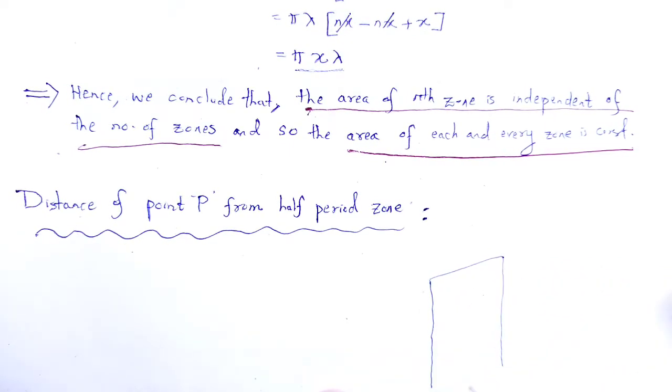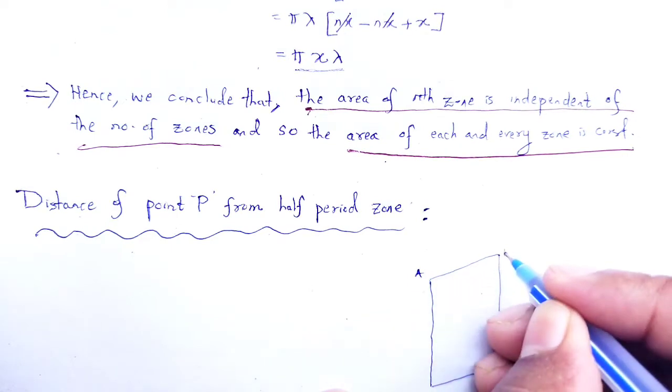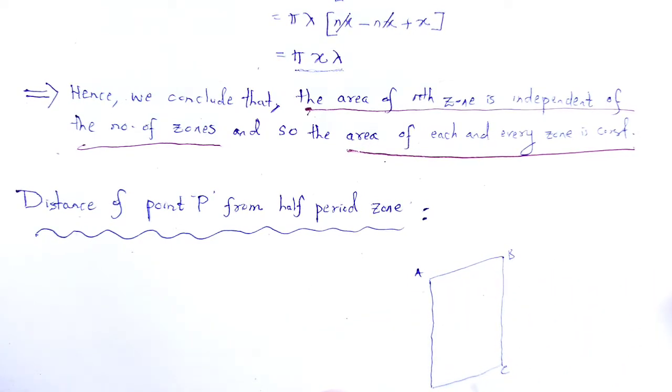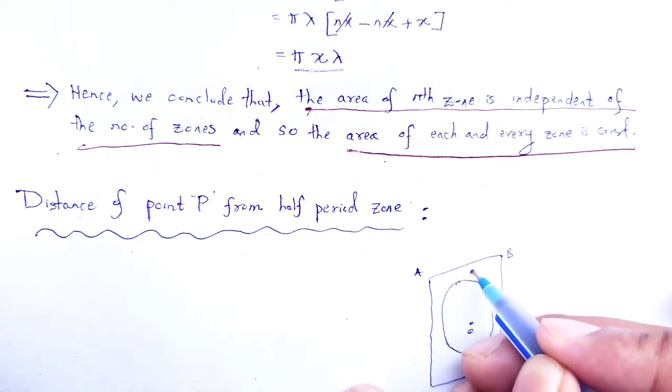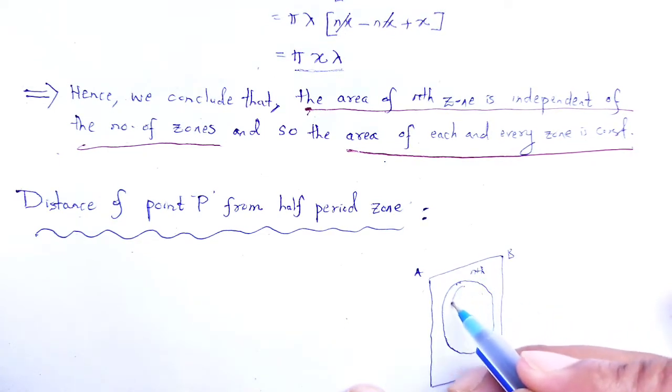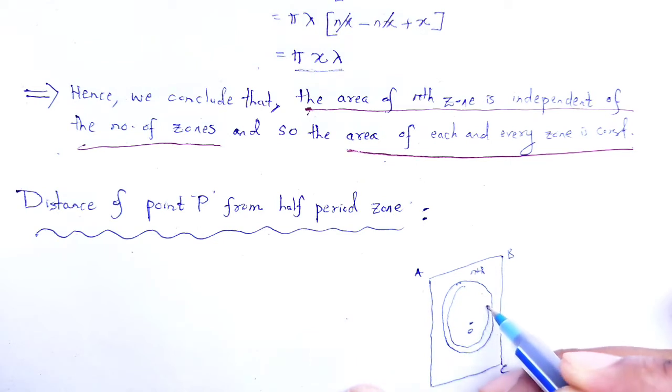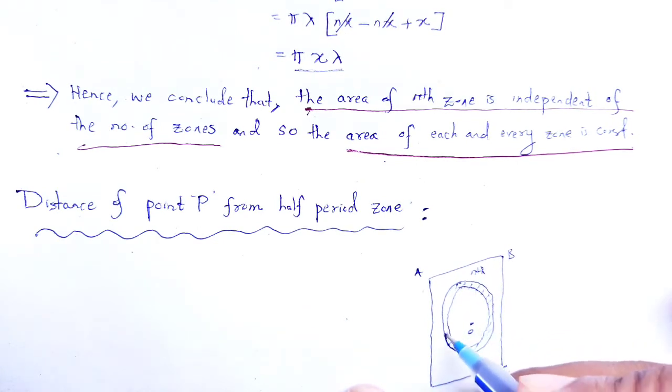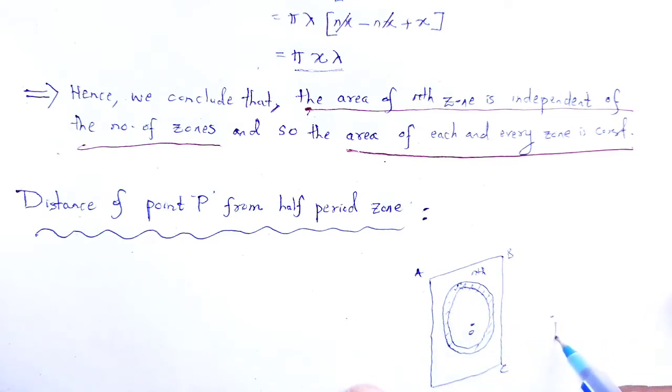This is a plane wave front which is A, B, C, D, that be O. Let us take here the nth half period zone. Here is the point P, which is at a distance of x from that of pole with respect to that point P.